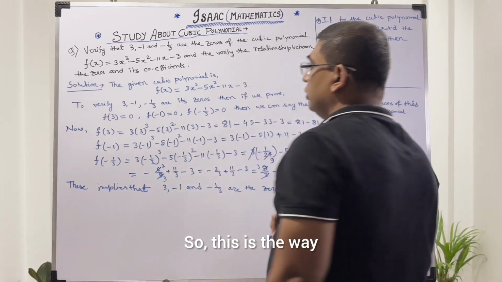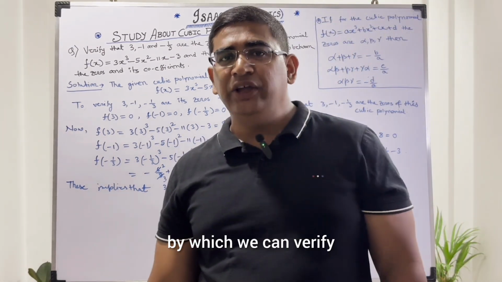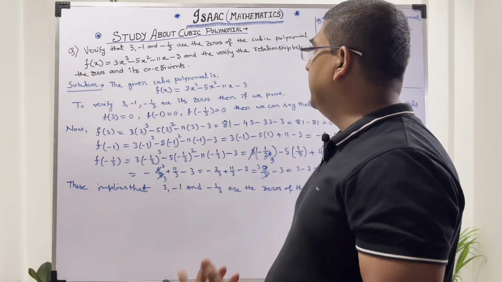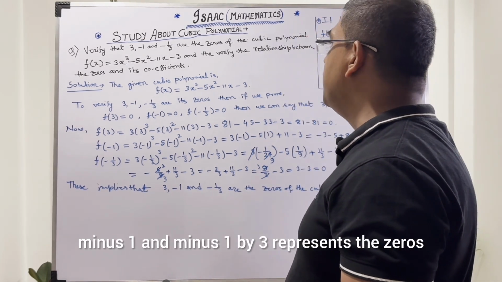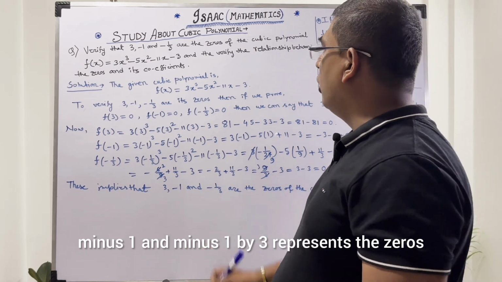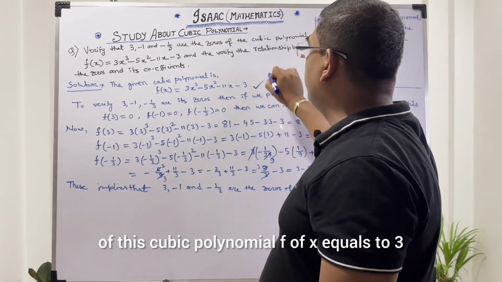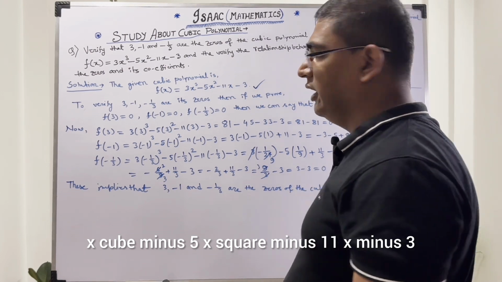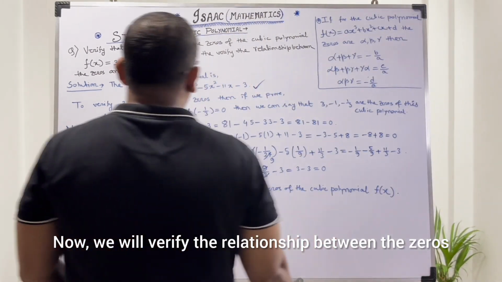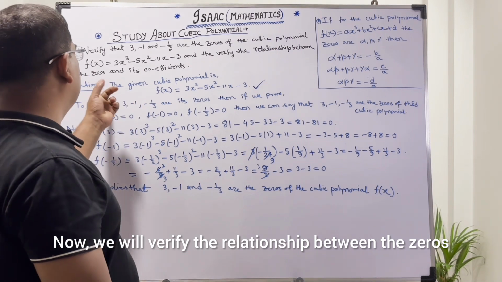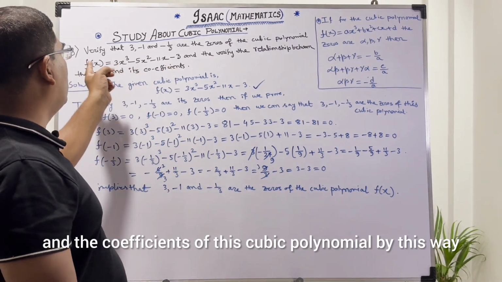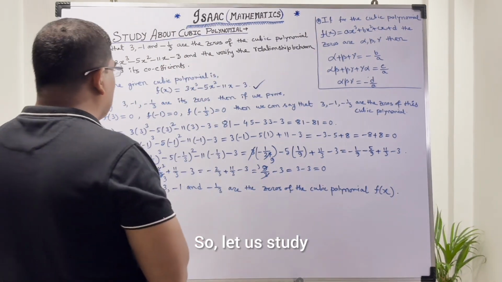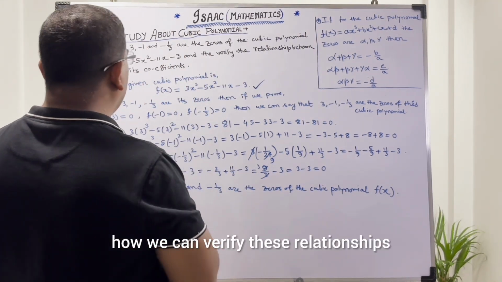This is the way by which we can verify that these three numbers represent the zeros of this cubic polynomial f of x equals 3x cube minus 5x square minus 11x minus 3. Now we will verify the relationship between the zeros and the coefficients of this cubic polynomial. So let us study how we can verify these relationships.